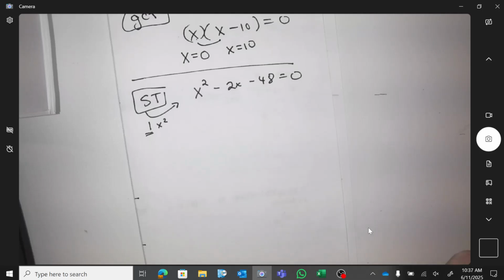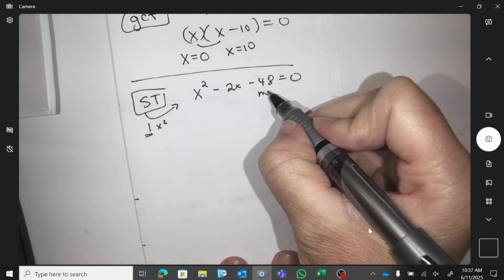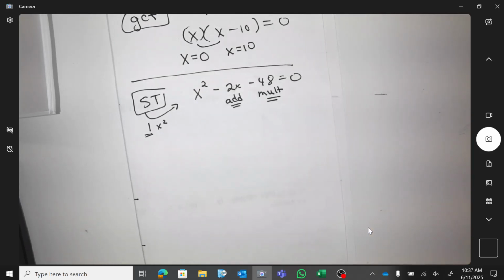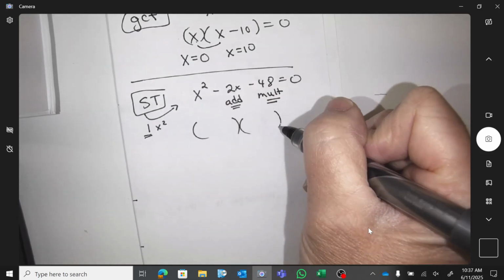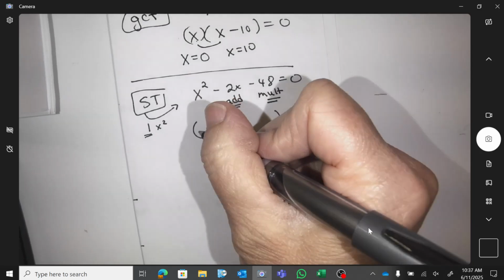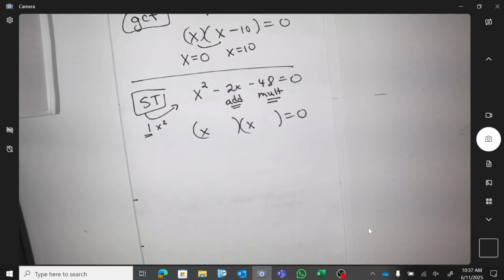Okay, so what's the trick with simple trinomials? You have to figure out something that's going to multiply to that and add to that. And you're doing your two sets because you need an x set and another x set to make an x squared together. An x and an x to get the x squared. Can you think of your multiplication facts here? Do you got something that multiplies to 48?